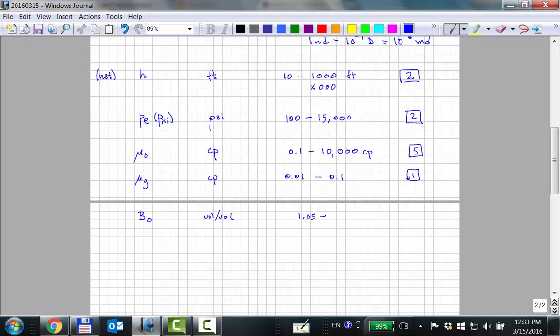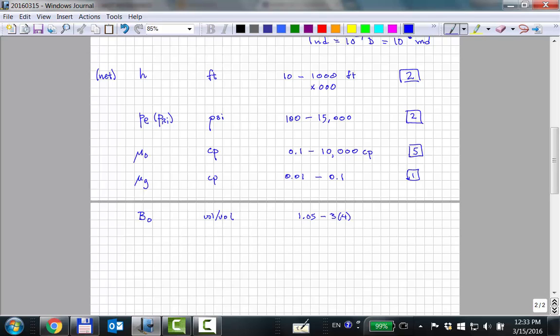So 1.05 to 4. Okay? So it's a factor, it's not an order of magnitude even. It's about a half order of magnitude. And 3 is probably as big as you'll ever see, but you can get 4. So I'll write 3 and say that you can have 4.